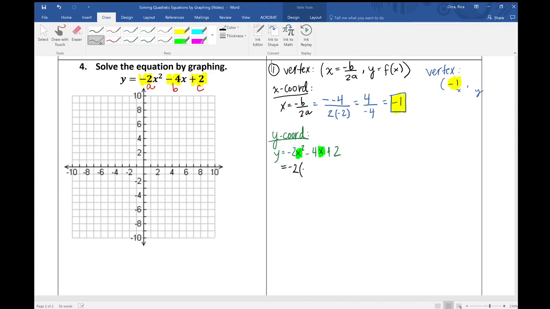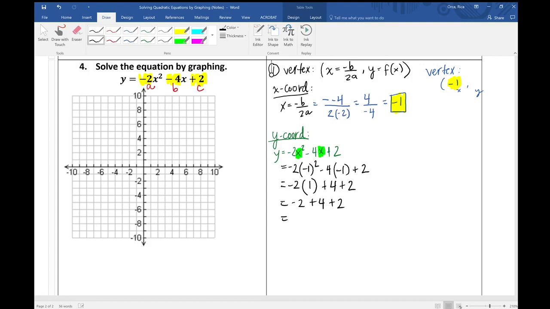Negative 2 times negative 1 squared minus 4 times negative 1 plus 2. Negative 1 squared is 1. Negative 4 times negative 1 is positive 4, plus 2. Negative 2 times 1 is negative 2, plus 4 plus 2.